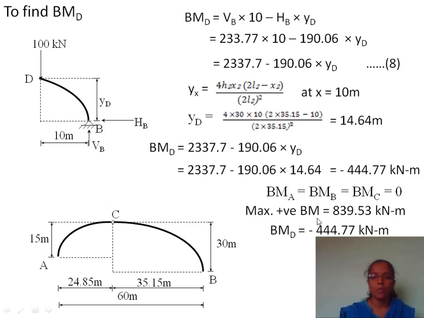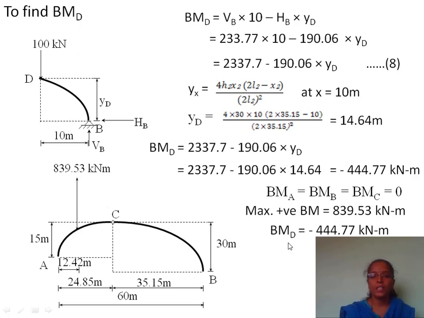Next, the maximum positive bending moment is 839.53 kilonewton meter, which acts at a distance of 12.42 meter from end A. Let us mark that point at 12.42 meter from end A. This ordinate is 839.53 kilonewton meter, and because it is positive, we draw it above the baseline.